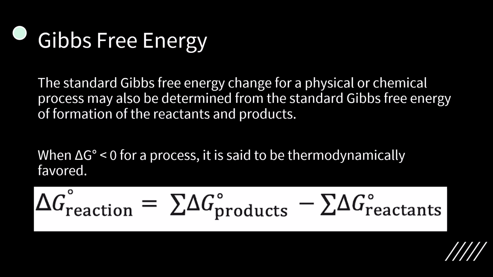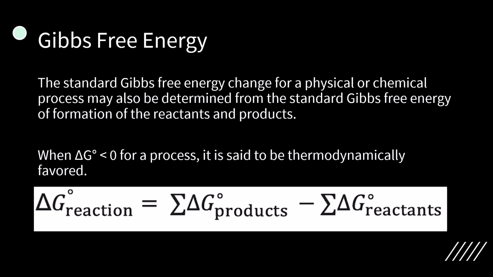The standard Gibbs free energy change for a physical or a chemical process, so again this can happen for physical or chemical changes, may also be determined from the standard Gibbs free energy of formation of the reactants and the products. This is very similar to what we just did with entropy. When delta G is less than 0 for a process, it's said to be thermodynamically favored.